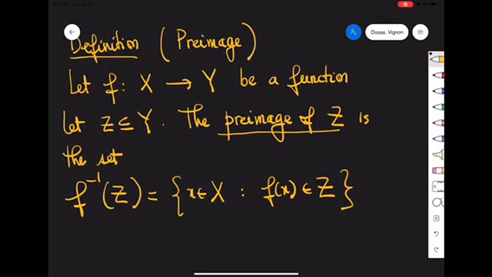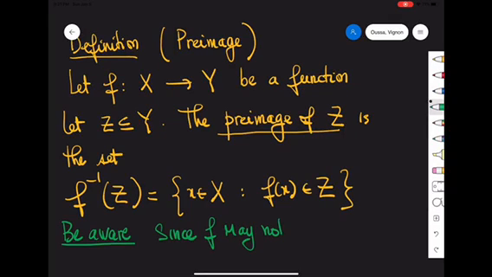Again, f may not be invertible, may not be one-to-one, or injective.